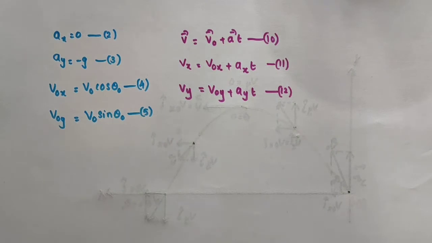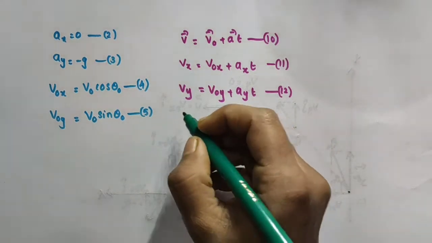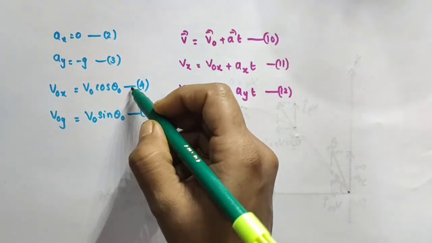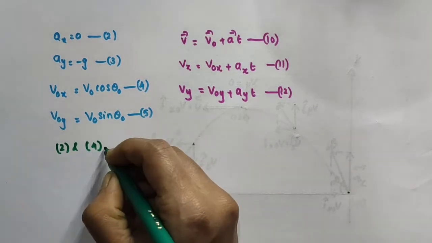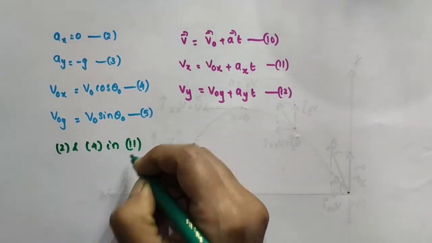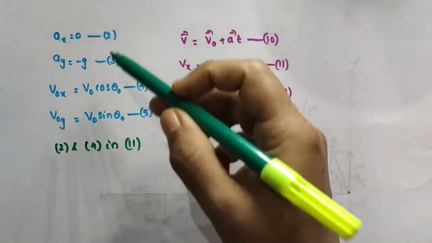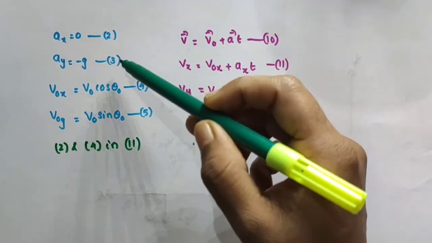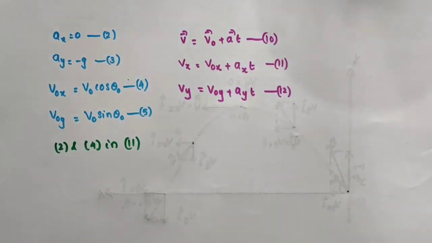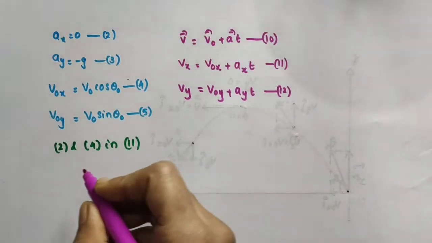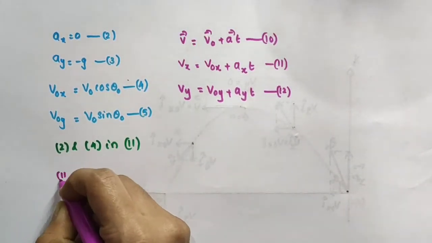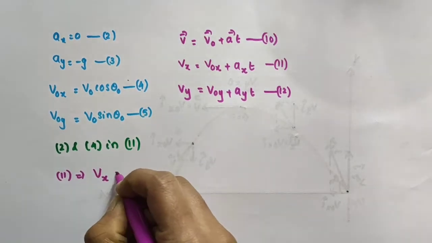Now I am going to apply equation number 2 and equation number 4, which we have already discussed, in equation number 11. When we substitute these two equations in equation number 11, we will get the expression for the x component of velocity.